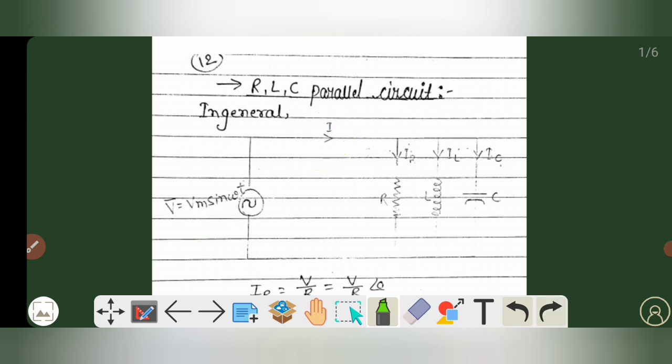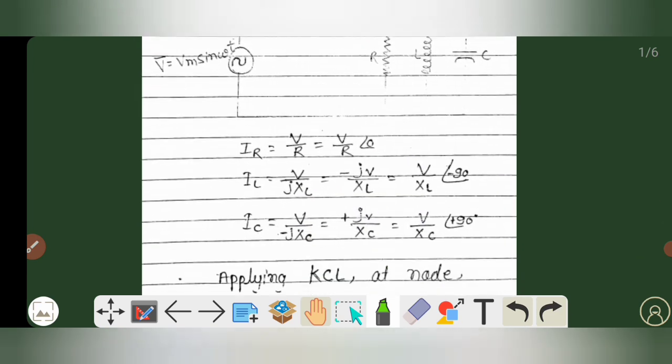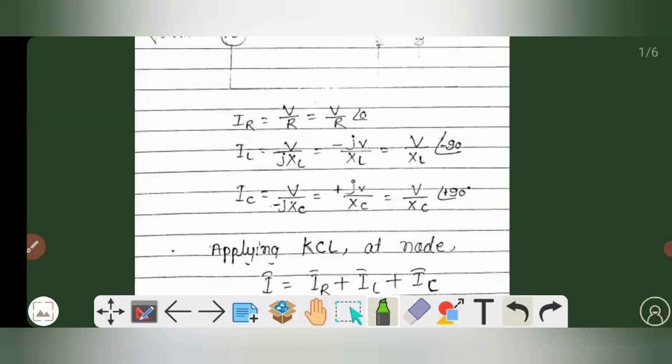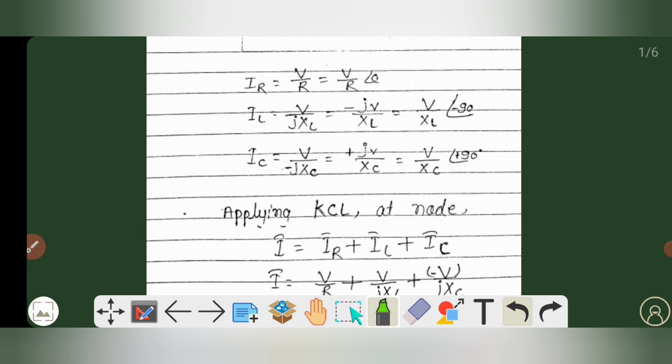As we move further, we know the voltage across the resistor is I into R. The current across the resistor will be V by R, and because the angle between voltage and current in a resistor is 0 degrees, the current is V by R at angle 0 degrees.